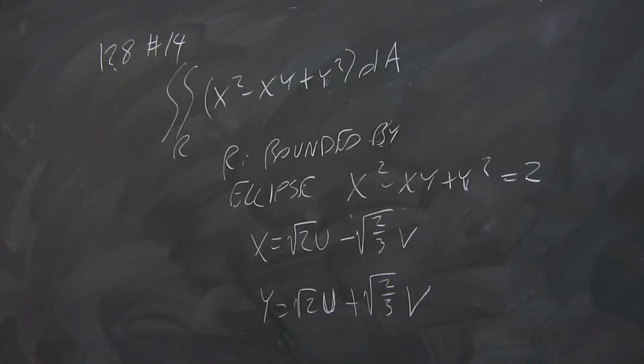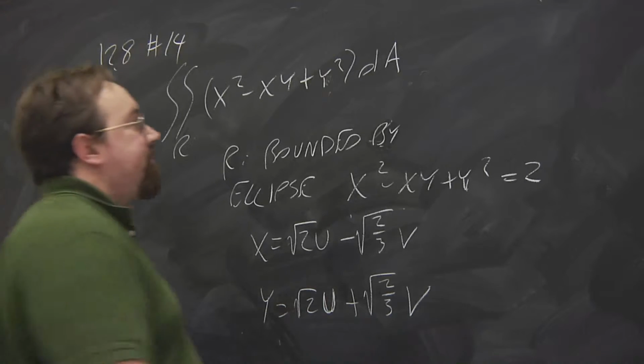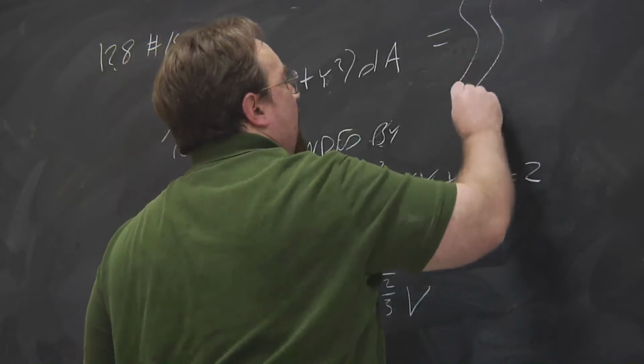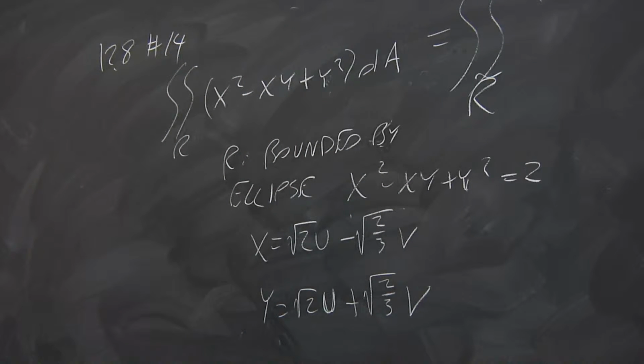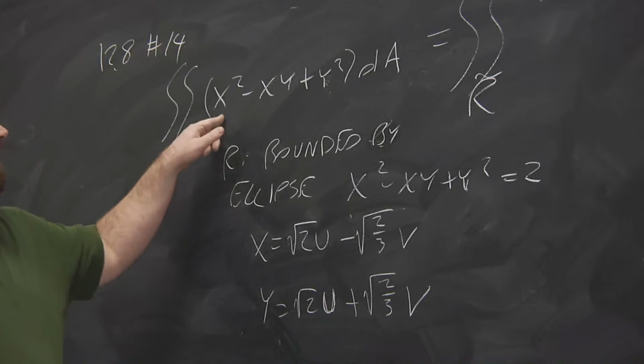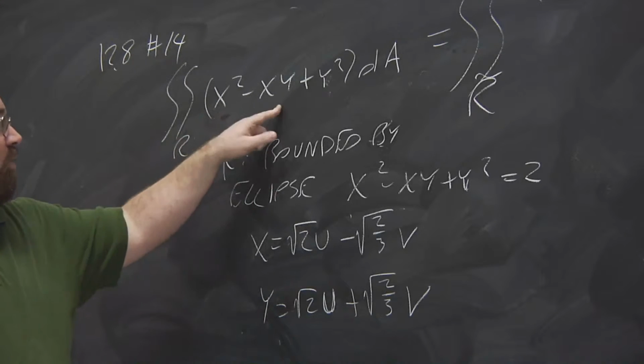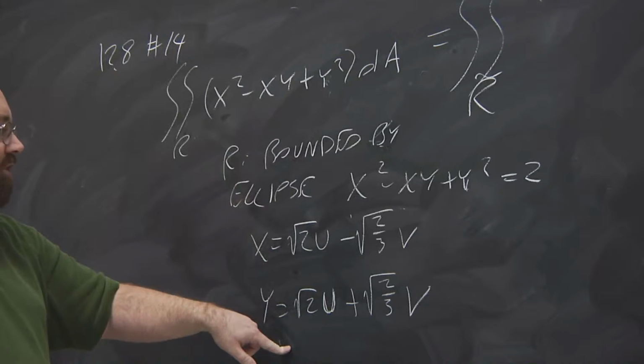All right. Now, first thing to focus on is, we're going to have a new integral over a different region, R tilde, which we don't know what it is yet, but we'll find out. And you're going to replace x and y with these expressions in terms of u and v.